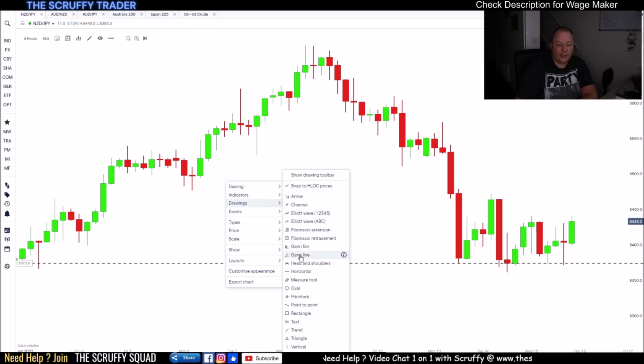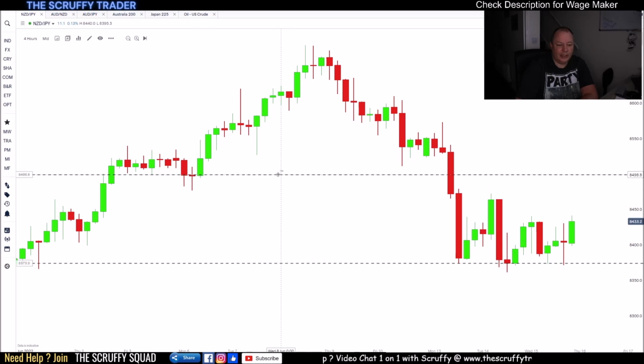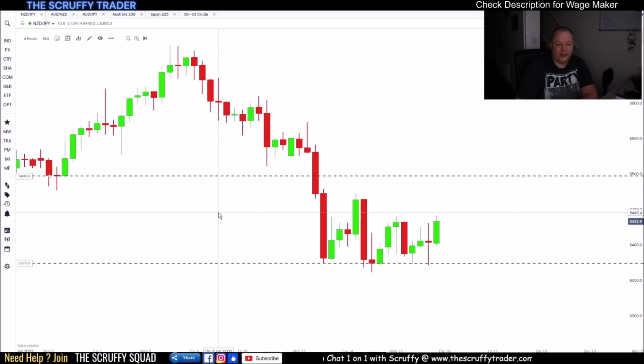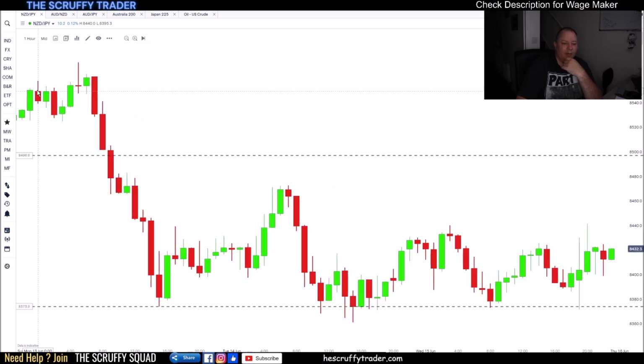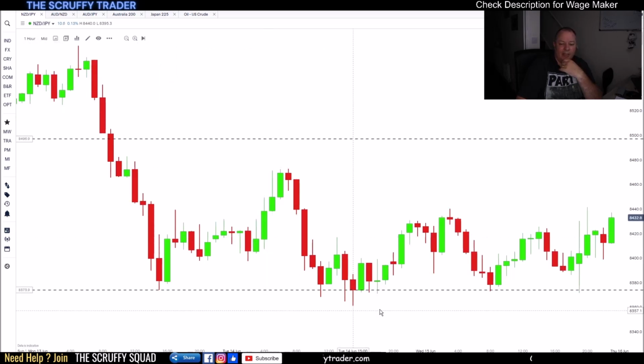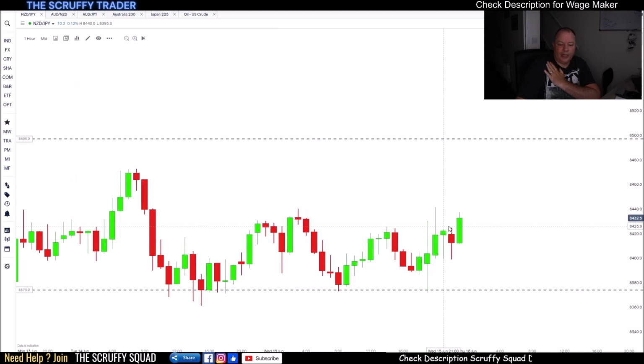So if I put another set of lines there, just like so, that's given me a good arena. I quite like that arena. If I move it down slightly, I've got plenty of room to catch the tops of this, which gives this a nice buffer zone. And it's breaking out the tops here. So I quite like that as well.